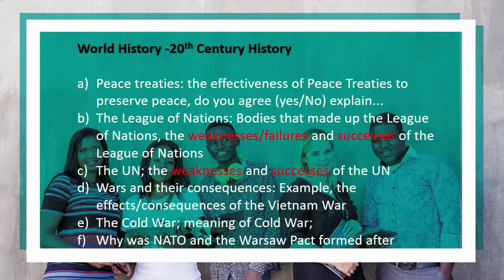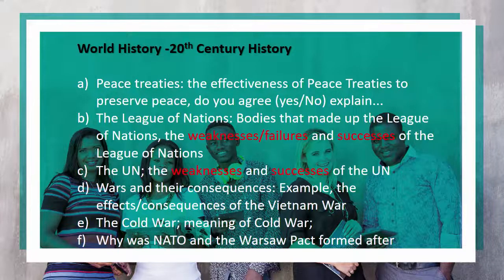I've mentioned the League of Nations, the body that made up the League of Nations, the weaknesses, failures, and successes of the League of Nations, the UN weaknesses, the successes of the UN, and then the different wars and their consequences.